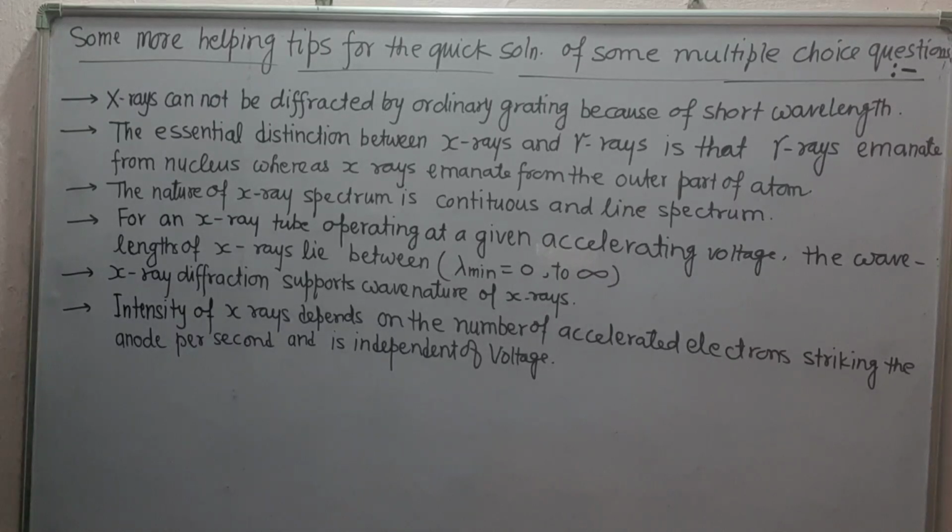Next, the nature of the X-ray spectrum is both continuous and line spectrum. Next, for an X-ray tube operating at a given accelerating voltage, the wavelengths of X-rays lie between lambda minimum to infinity, where lambda minimum may be 0.